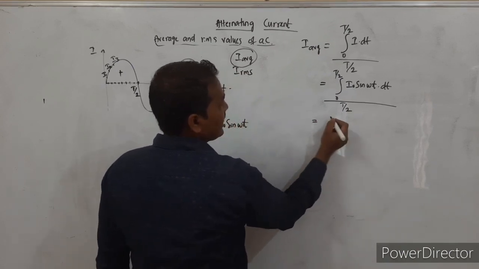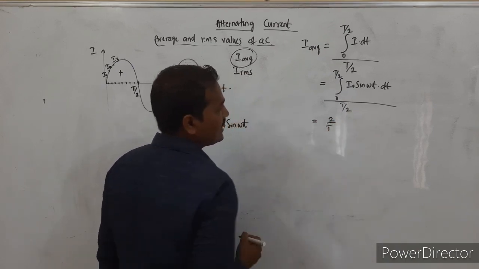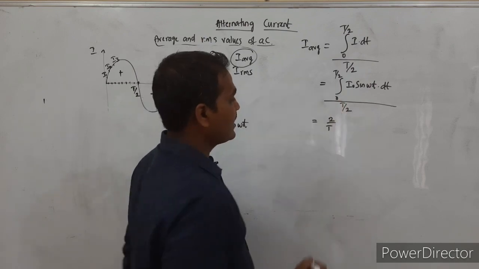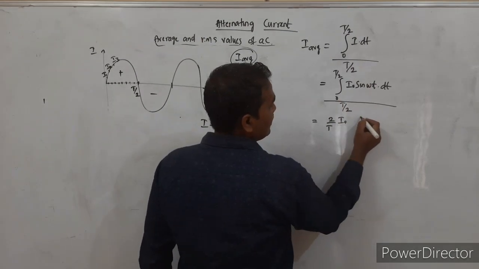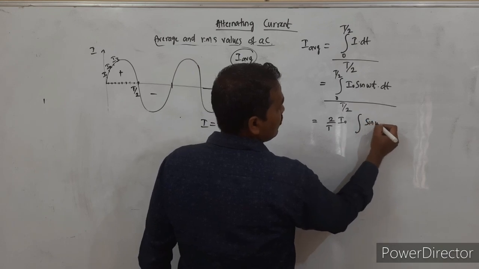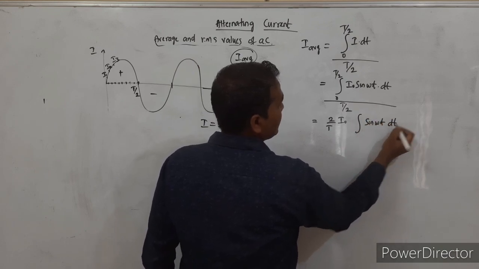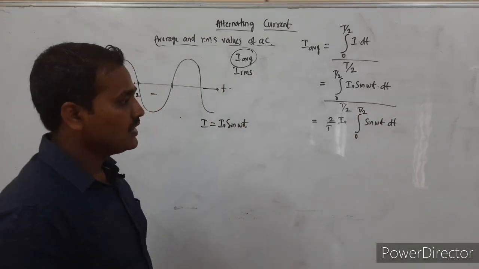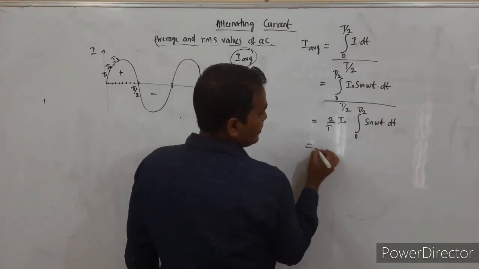So this T by 2 I can take outside, 2 divided by T I can write. I naught is also constant, the maximum value of alternating current, that also I will take outside. So I will integrate just sin omega t with respect to dt between the limits of 0 to T by 2.